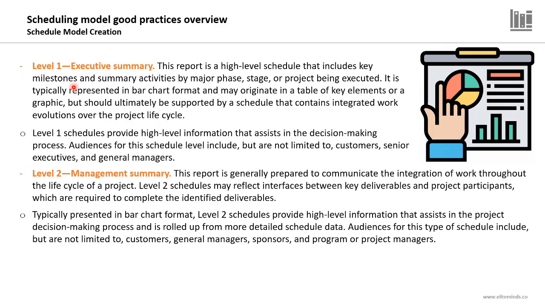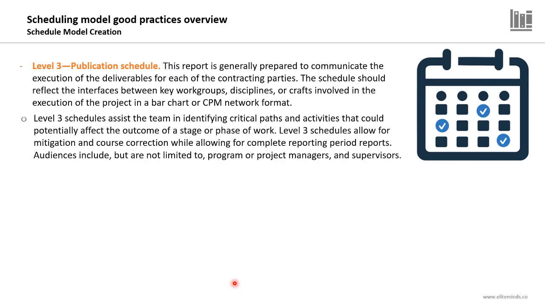Level 2 schedules provide high-level information that assists in the project decision-making process, and it's rolled up from more detailed schedule data. Audiences for this type of schedule include customers, general managers, sponsors, and program or project managers. These are the audiences of the level 2 management summary schedule level.